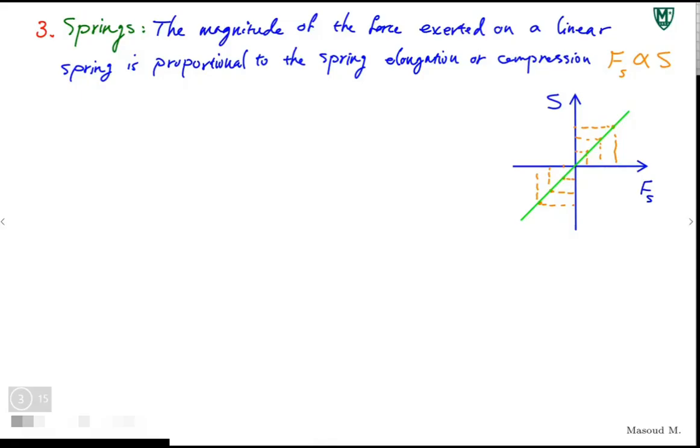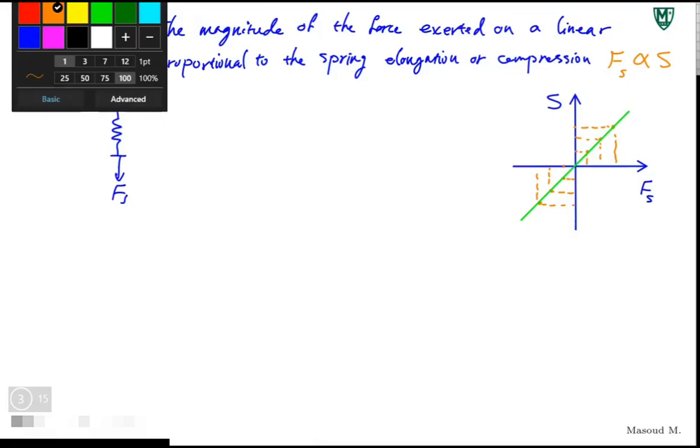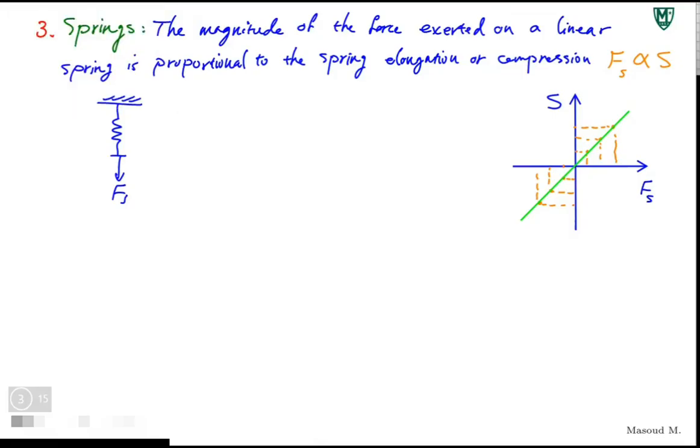This means that if you have a spring like this, of Fs, and let me be clear about that, let's say the spring was here at the beginning. So this is the initial length, and now it's here.